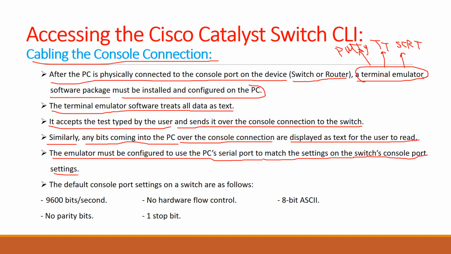So you have to configure the emulator to use the same configuration as the switch's console port. The default console port settings on a switch are as follows: 9600 bits per second, no hardware flow control, 8 bits ASCII, no parity bits, and 1 stop bit.